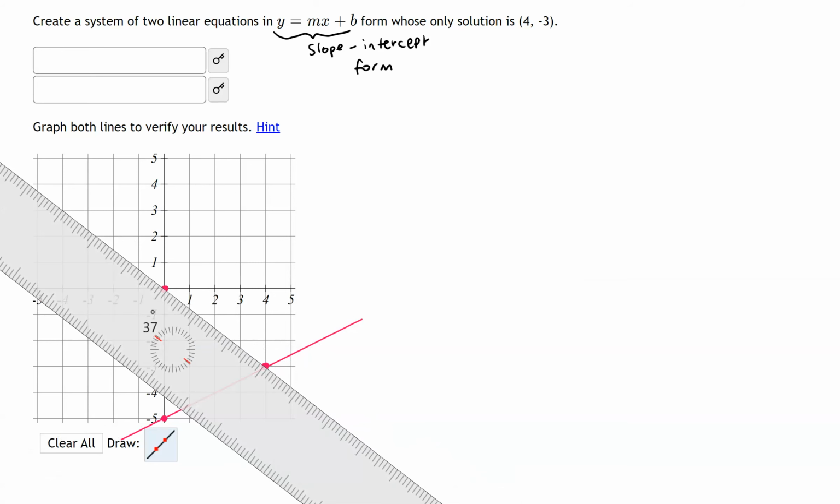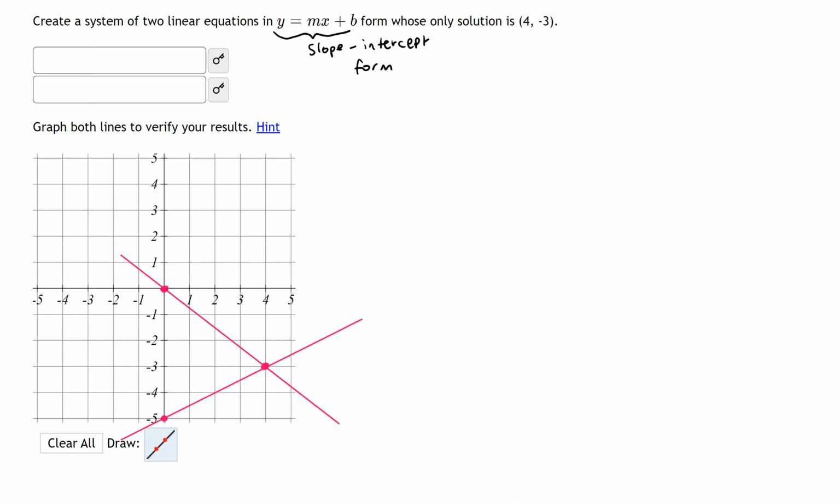So I'm going to connect those two. Okay, so note that these two lines that I have drawn have their solution at 4, negative 3, because that's where these two lines intersect.